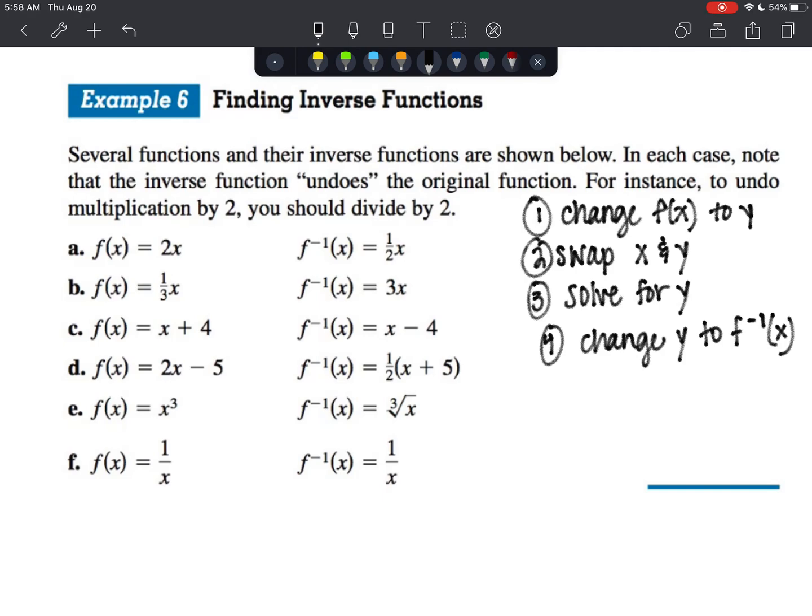Now, this process will show you how to find inverses intuitively by working backwards to undo the original function.